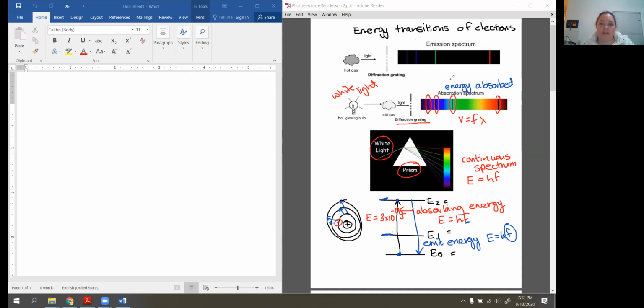You also, instead of gaining energy going up, can release energy going down, and that would produce an emission spectrum. Now you'll notice that an emission spectrum is not the entire range of colors. It effectively is only the colors that were originally absorbed that are now being emitted.